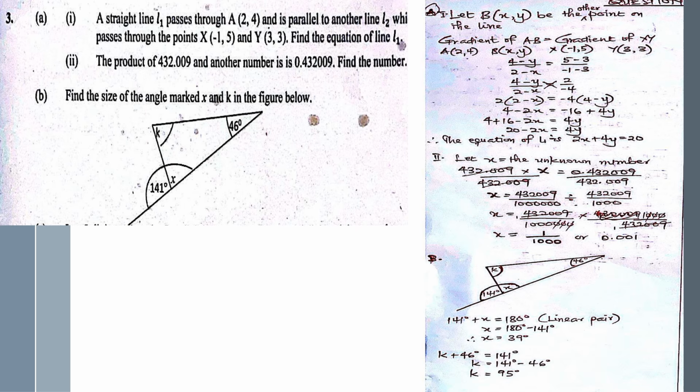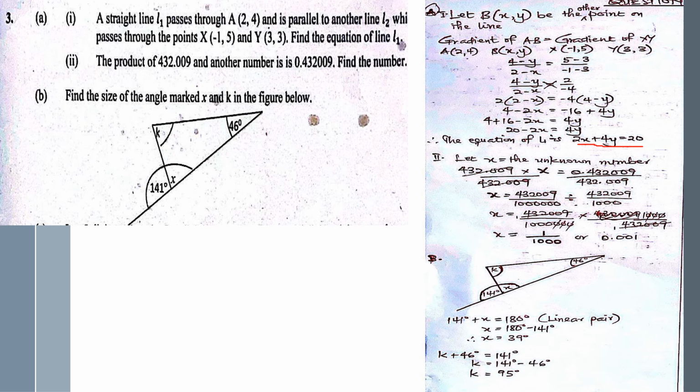So we cross multiply where we can find the values of x and then y. So we do this, and then the equation of the line L1 will now leave us with 2x plus 4y equals 20. If you also want to further solve this, you can make y the subject, and then you can also move from there.